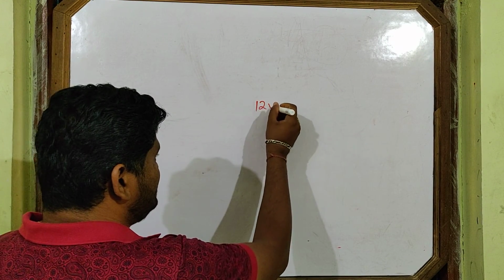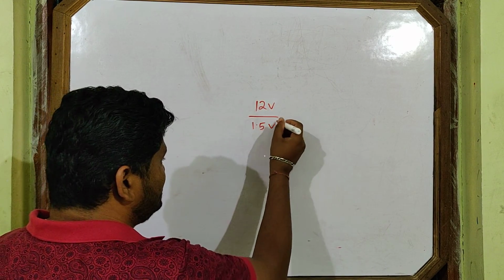We need 12 volt. Each cell is 1.5 volt in that shop. You divide 12 by 1.5. Use the unitary method of the lower class.